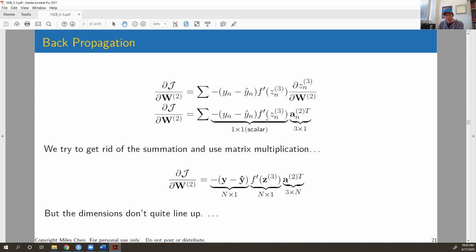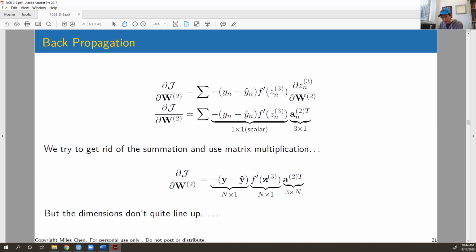So what if I just turn everything into its vector forms and get rid of the sums? y sub n will become the matrix y, and y hat sub n will become the matrix y hat. Those are each n by 1, and I can subtract them because they're the same dimensions. z sub n is a scalar value, and if I apply it to all z's, that's going to become an n by 1 matrix.